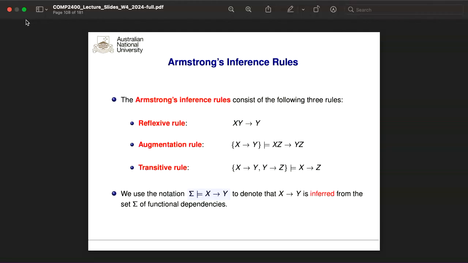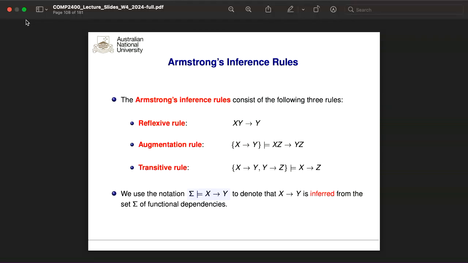So that's the meaning of inference rules. There is a beautiful theory called Armstrong theory. It basically covers 3 simple inference rules. The first one, reflexive rule. If we have X and Y, of course, we can say Y, a subset of X, depends on X. The second is the augmentation rule.